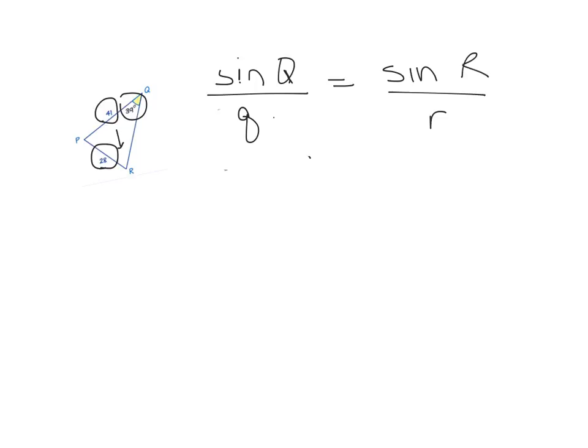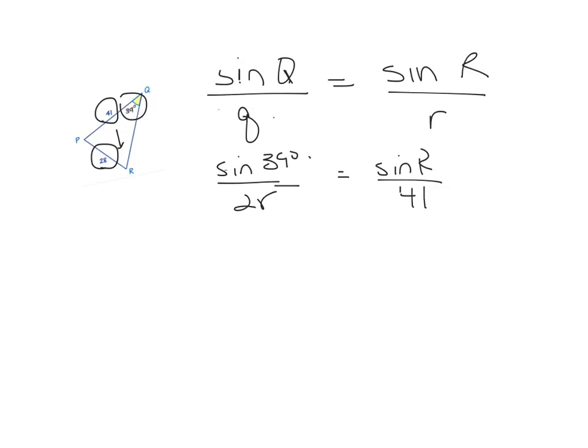Now you fill in what you have, and you should always have three pieces of information. So here we have sine 39 degrees over 28 is equal to sine R over 41. Now, it's really important, if you're solving for an angle, to put your sines on the top.